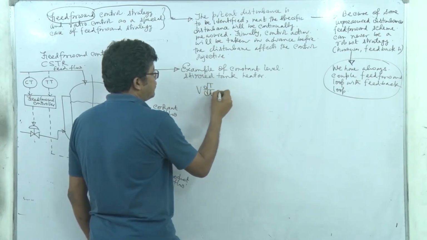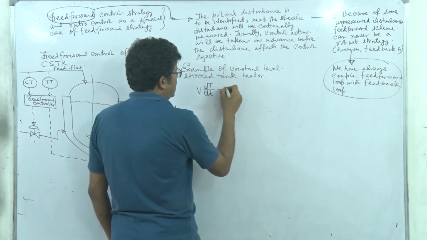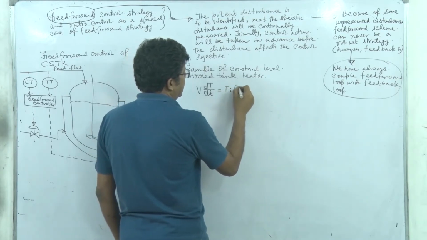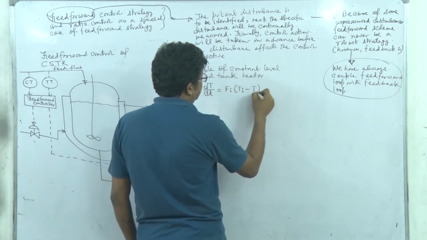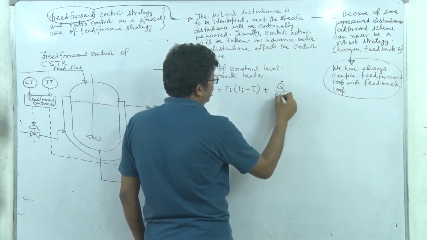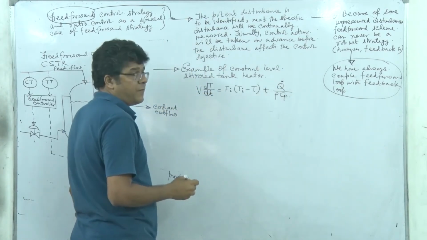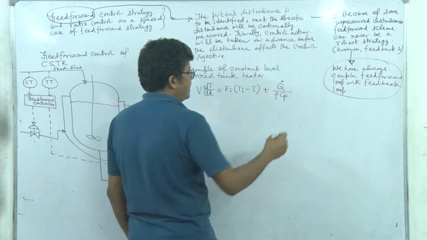is equal to Fi into (Ti minus T) plus Q dot divided by rho Cp, right? Fi and F are the same.